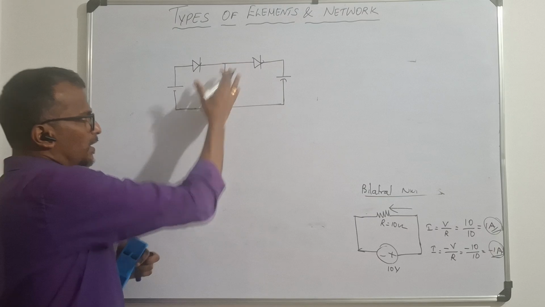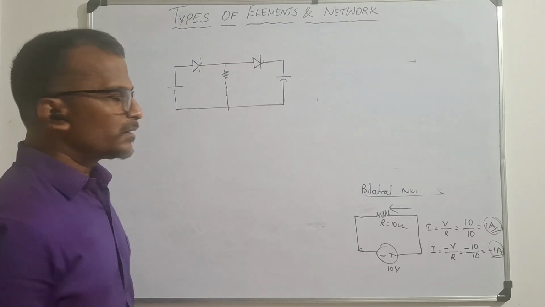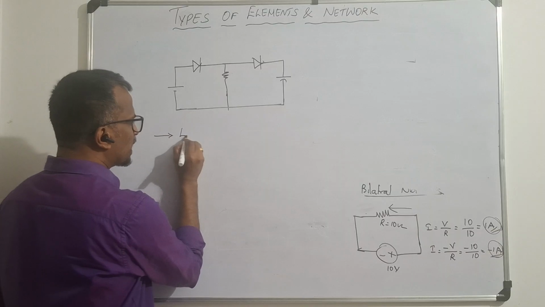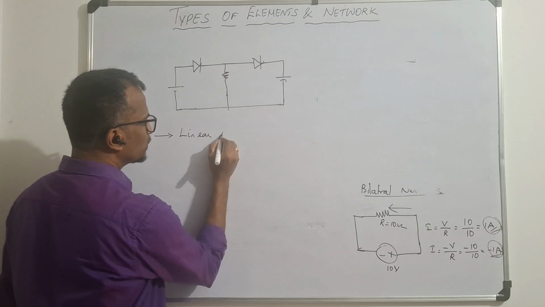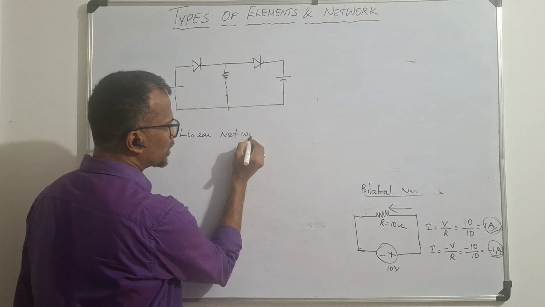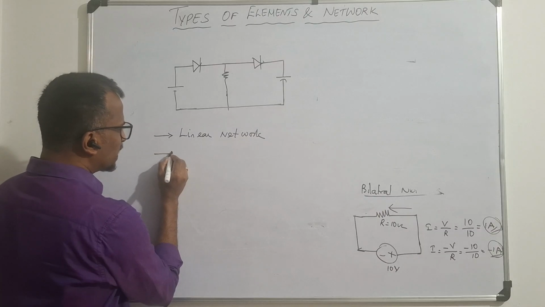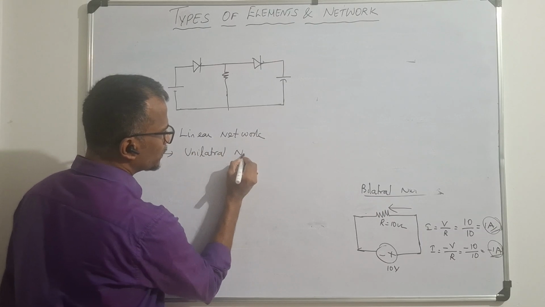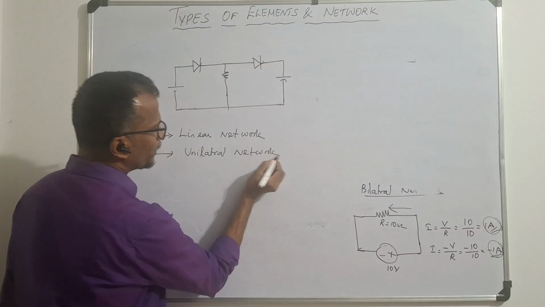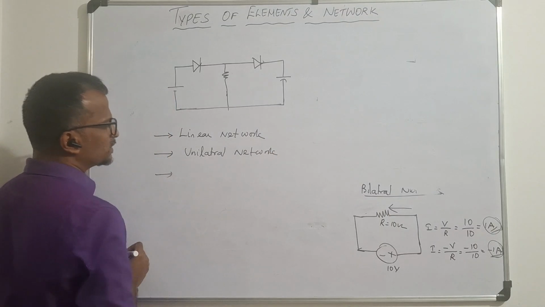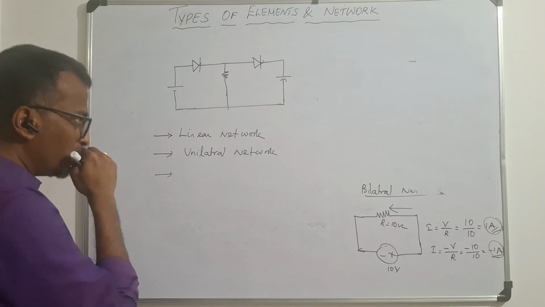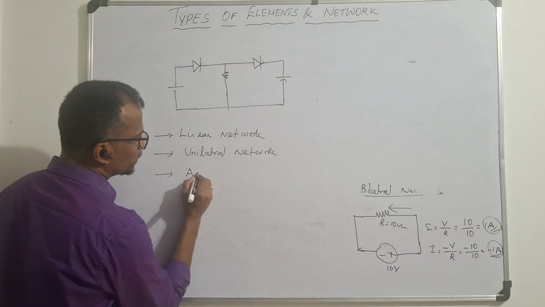I want to know whether this is a linear network, whether this is a unilateral network, and third, whether this is an active network.